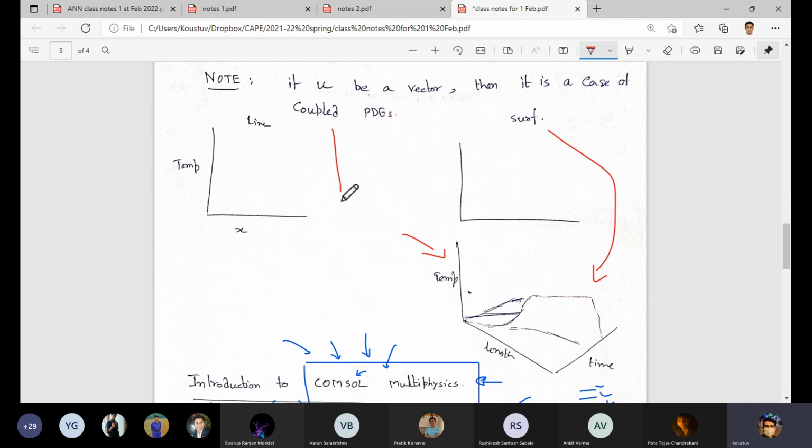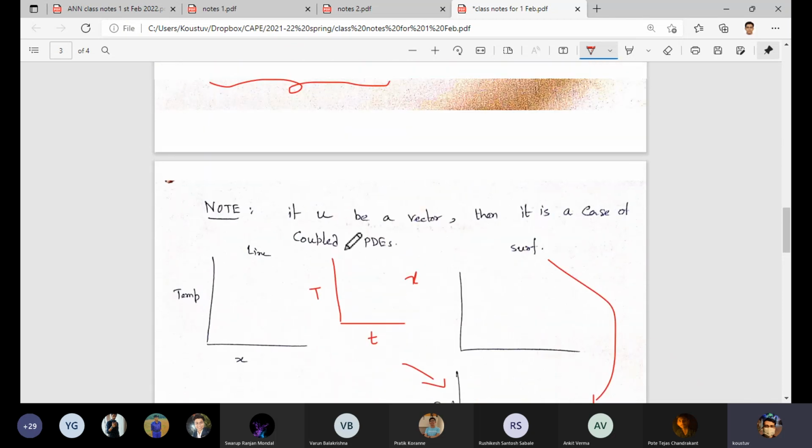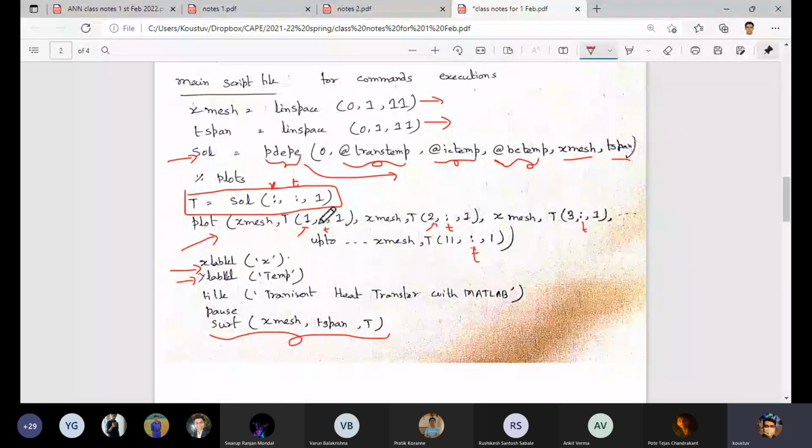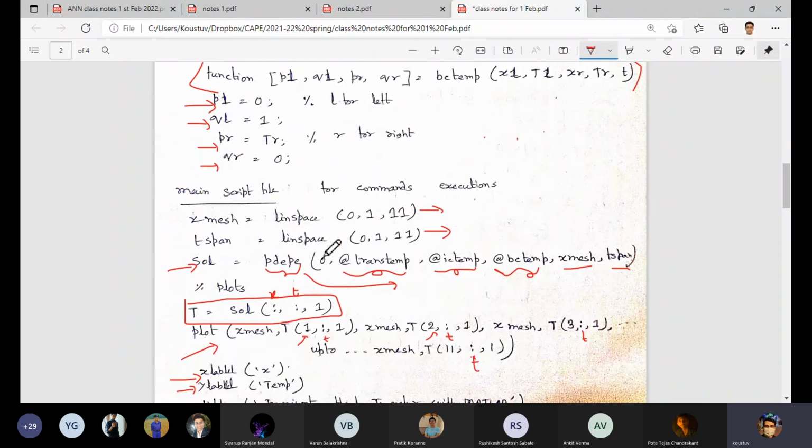You can also do it the other way, maybe time and temperature as a function of X, but that one you have to try, probably just changing the notation from here, a semicolon here and then 1 2 like that. So you can try it out.